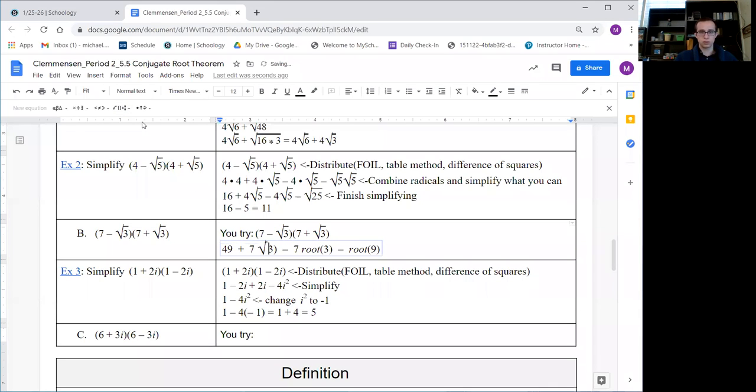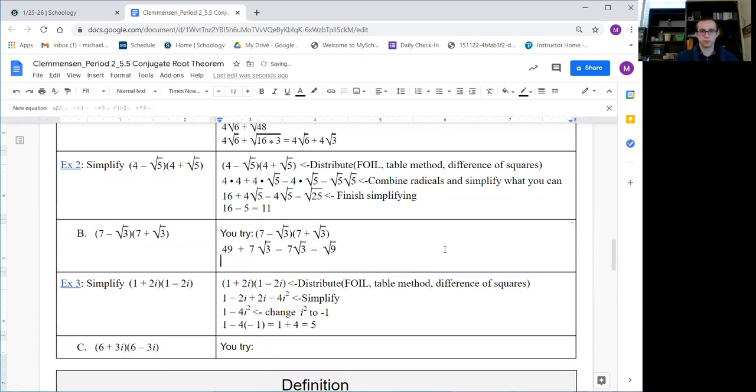Square root of 3. Control copy. Copy pasting so that you can change things really easy. Paste root of 9.